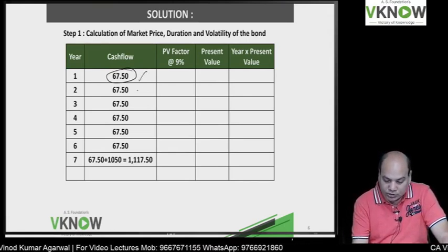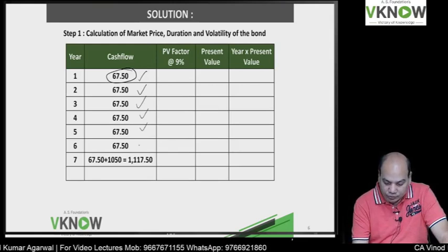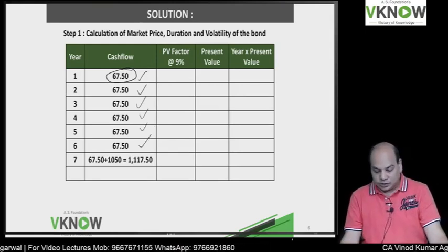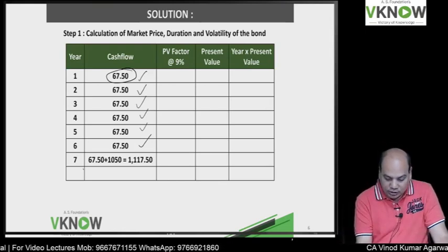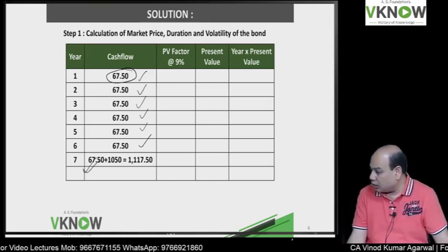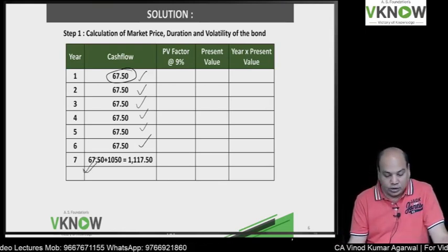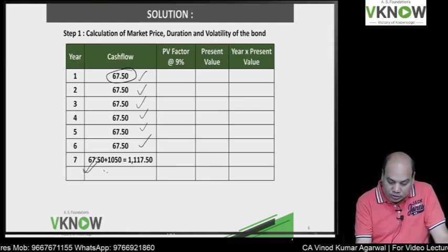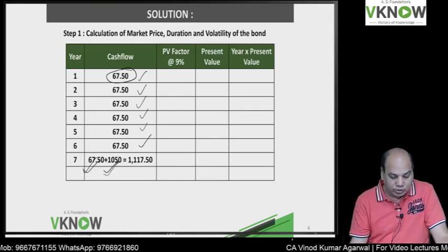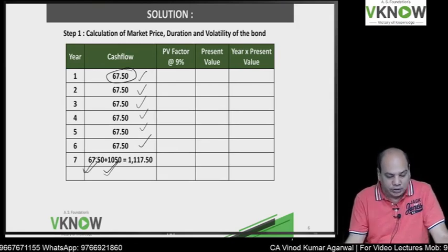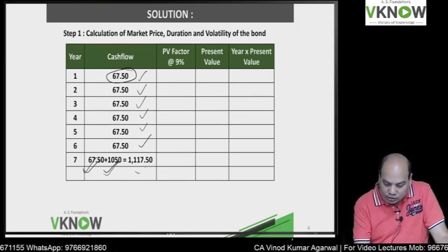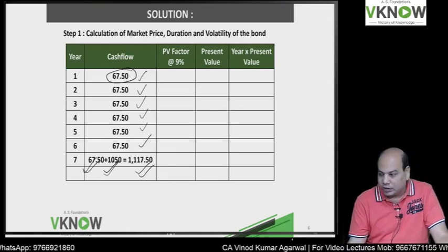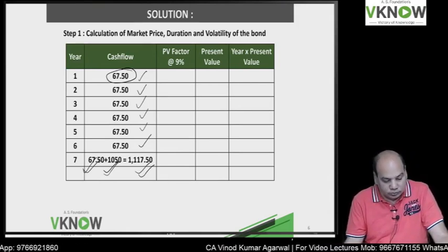So write down 67.5 6 times. And in the last year, he will get the 67.50 coupon, plus he will also get the redemption 1050. The total amount he will get is 1117.50.